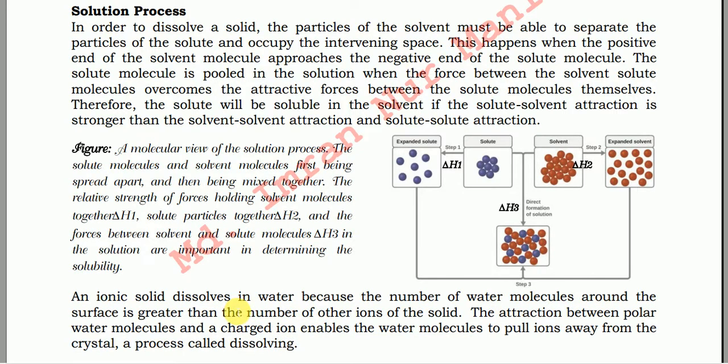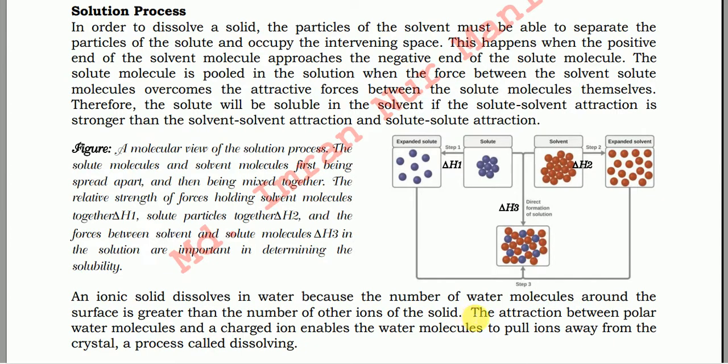It implies that whenever an ionic solid, for example sodium chloride, is placed in the water, the sodium chloride will have interaction with the water molecule, and what will happen, the positive pole of sodium, that means sodium plus, will be attracted by the negative pole of the water molecule, which is created by oxygen. That is why the sodium will leave the chlorine.